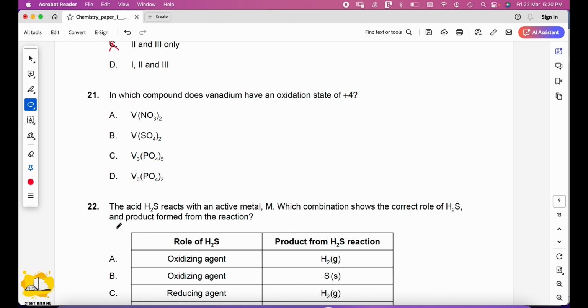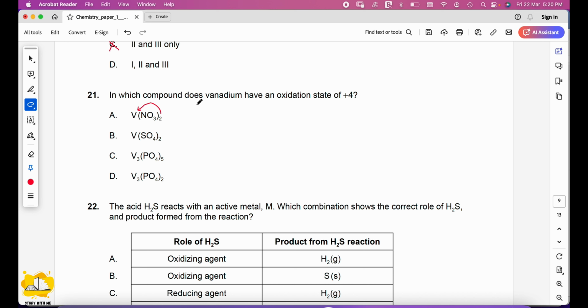In which compound does vanadium have an oxidation state of +4? It's quite tricky, this one, but you need to break it down into ions so you will understand why the question is quite tricky. I find it's quite tricky. So the simple way is that if there is 2 right here, this 2 belongs to vanadium.